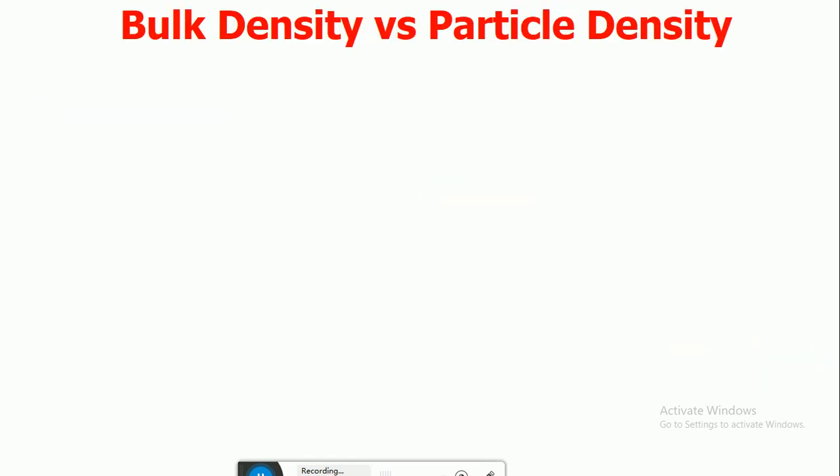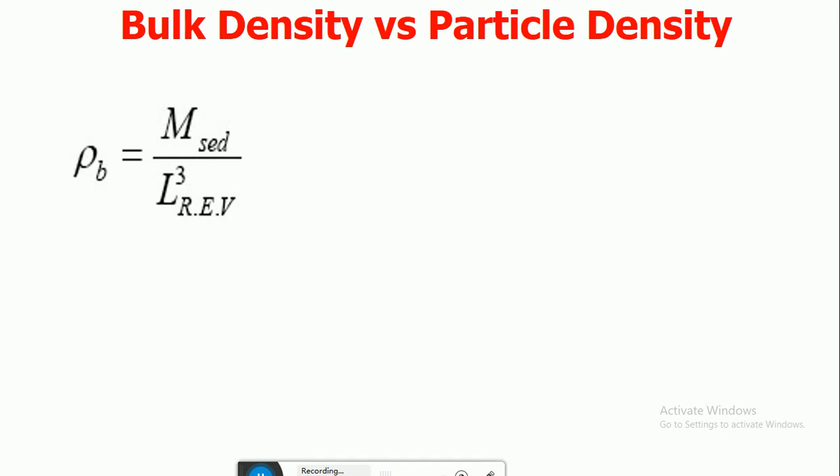Now, bulk density and particle density. It is a very important concept. People often confuse bulk density and particle density. What is the bulk density? Bulk density, ρ, represents the density of the sediments including voids.